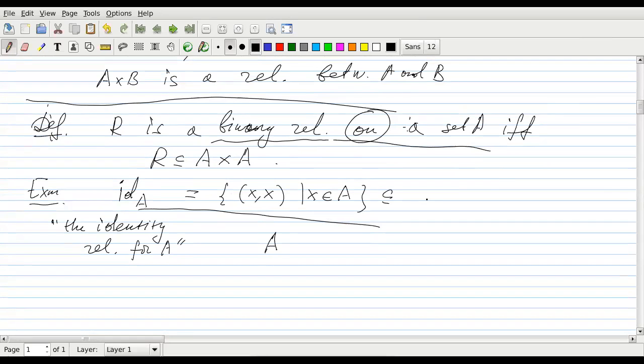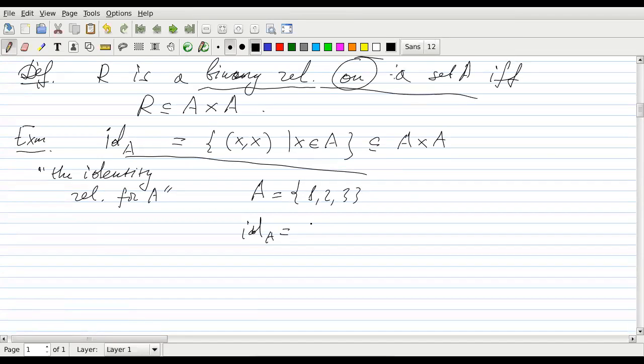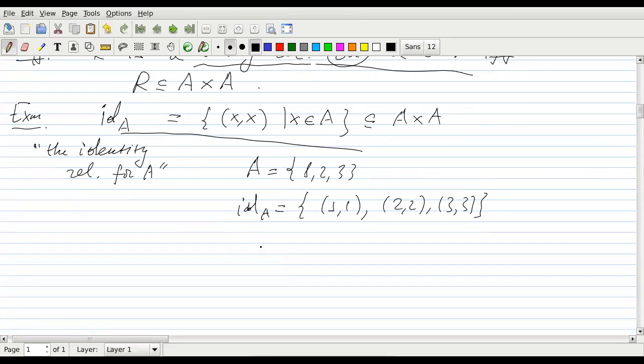Of course, it is a subset of A times A. Let A be 1, 2, 3. What is the identity relation for A? 1, 1, 2, 2, 3, 3. Is it clear? Yes. What is the diagram?